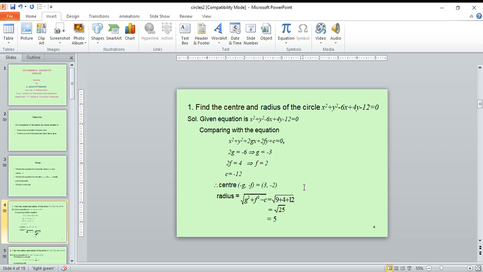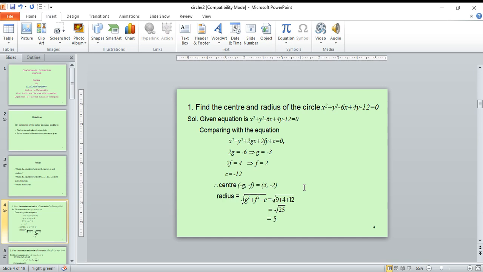Comparing the given equation with the general equation of the circle, x square plus y square plus 2gx plus 2fy plus c equal to 0: x square equals x square, y square equals y square, and minus 6x equals 2gx, that is 2g equal to minus 6, and 4y equals 2fy, therefore 2f equal to 4, and c equal to minus 12.